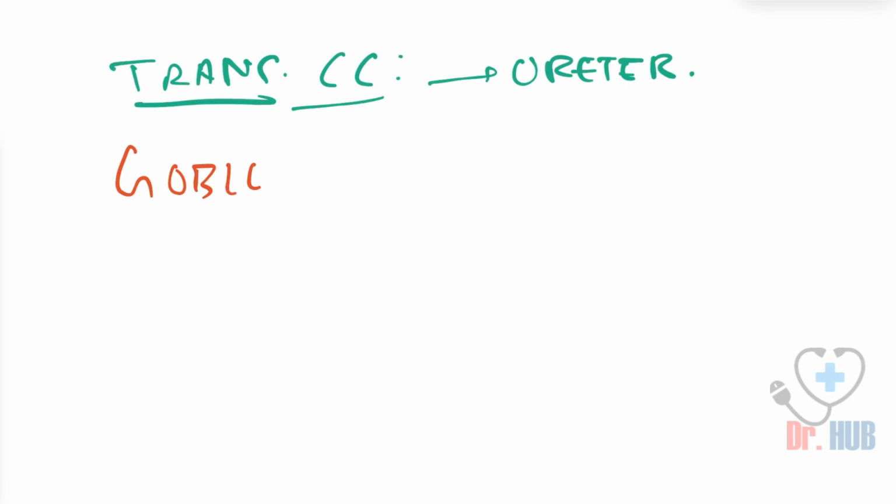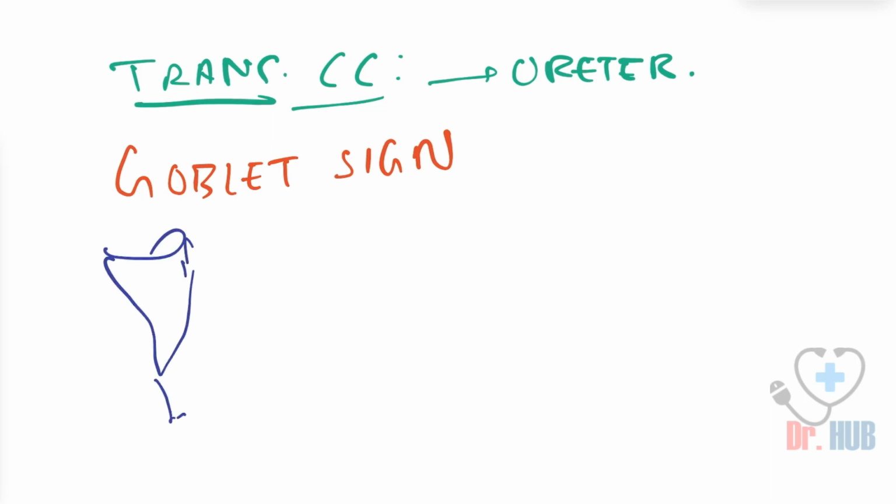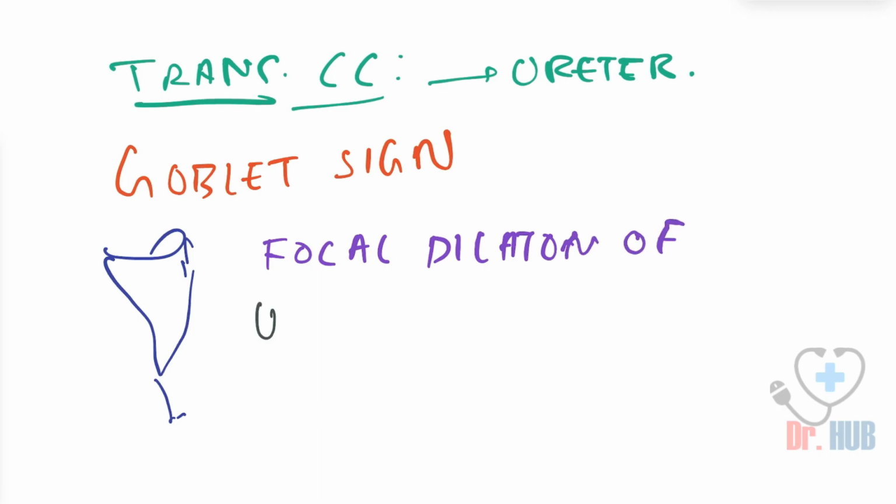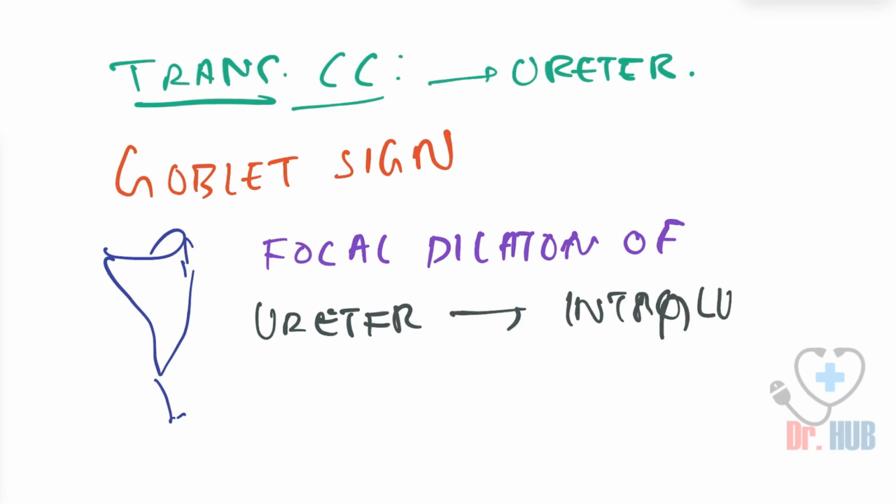The goblet sign is due to the focal dilation of the ureter by an intraluminal mass.